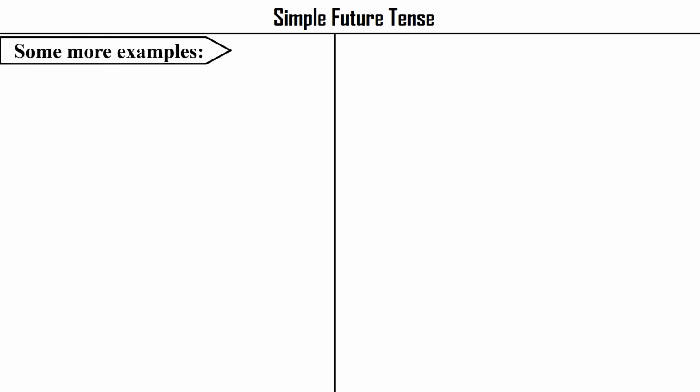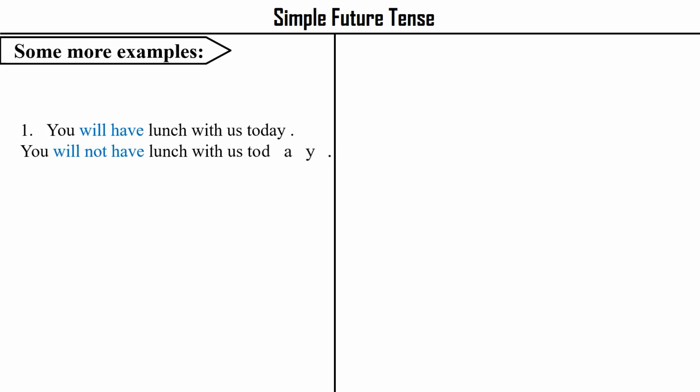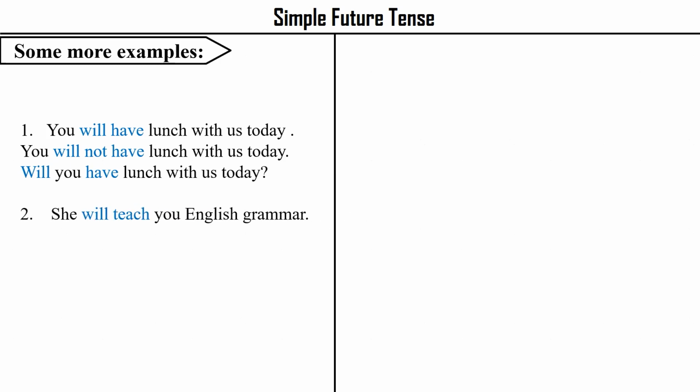Some more examples. You will have lunch with us today is the positive form. You will not have lunch with us today, negative. And will you have lunch with us today, interrogative. She will teach you English grammar, positive.